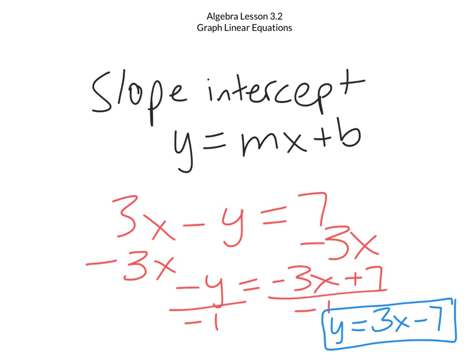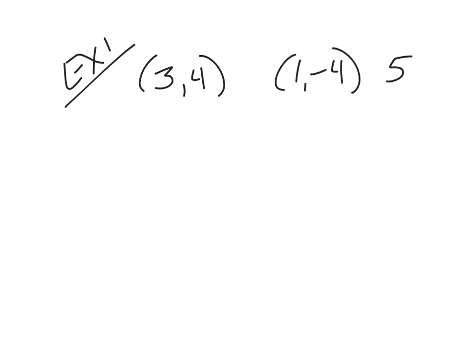Now, for this example, they gave you some points. This is example 1. They gave you (3, 4), (1, negative 4), (5, negative 3), and (negative 1, negative 2), and asked you which of these ordered pairs is a solution to that equation.